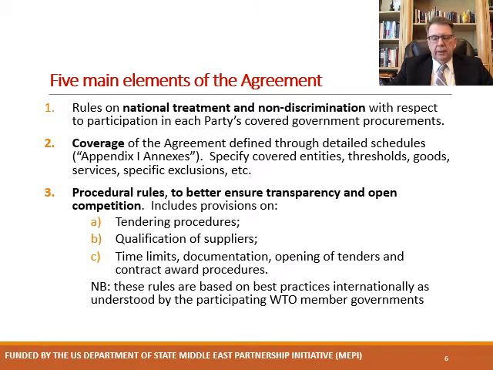And I would just like to mention here that all of these procedural rules are based on best practices internationally as they are understood by the participating WTO member governments. So these procedural rules also potentially provide a template for pro-competitive market reforms.